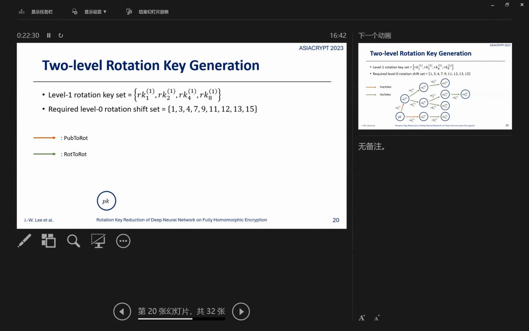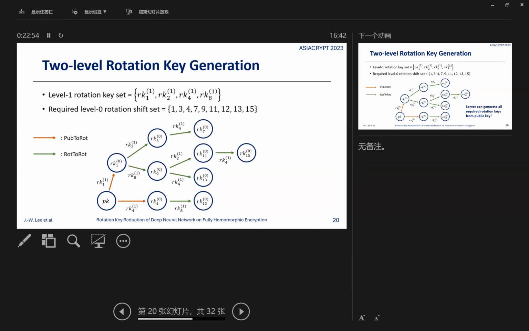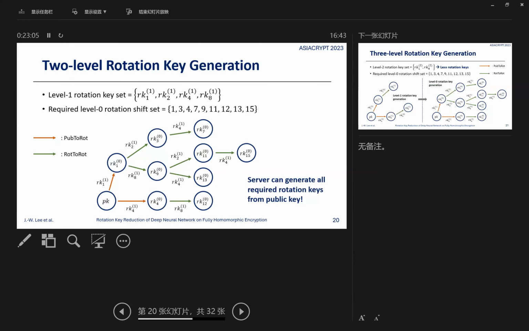Let's assume that there is a level 1 rotation key set, 1, 2, 4, and so on, and the required level 0 rotation shift set is like this. But at that time we only have the public key. With this public-to-root operation, all the required rotation key sets can be generated on the server side. So the server can generate all required rotation keys from the public key.